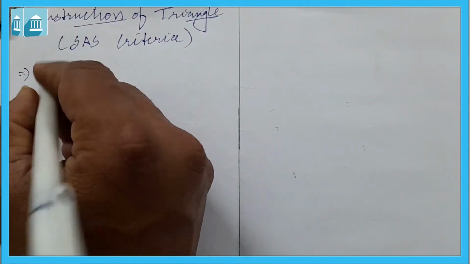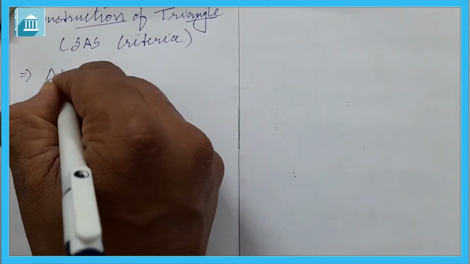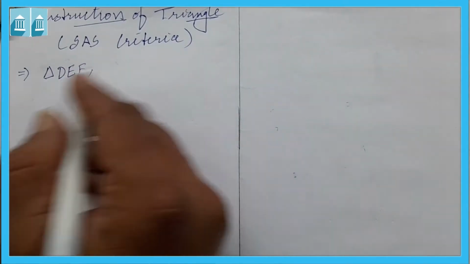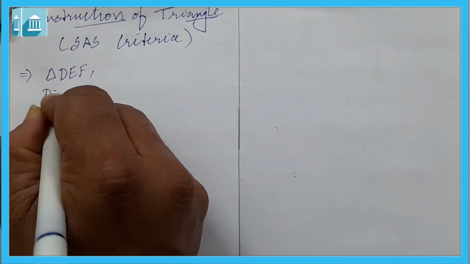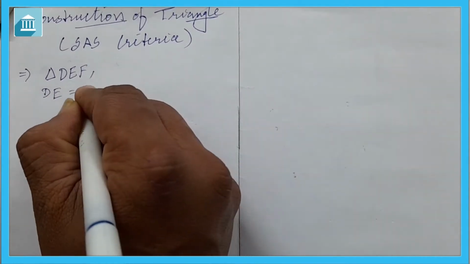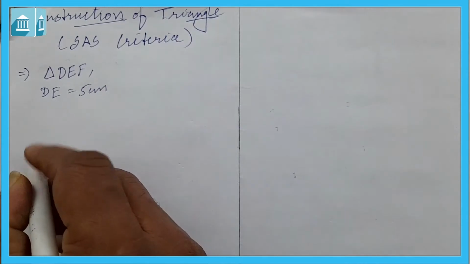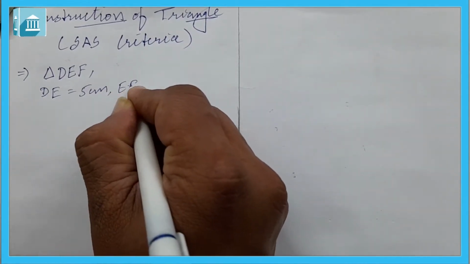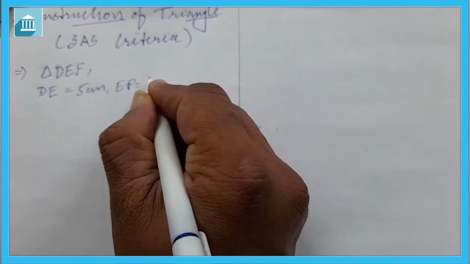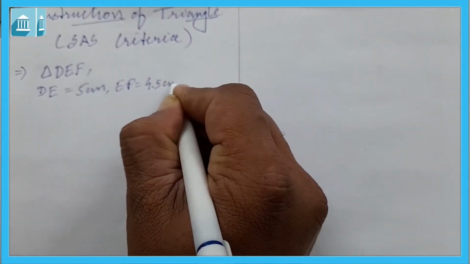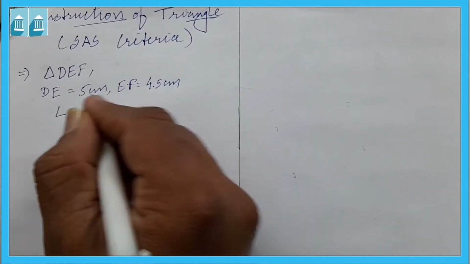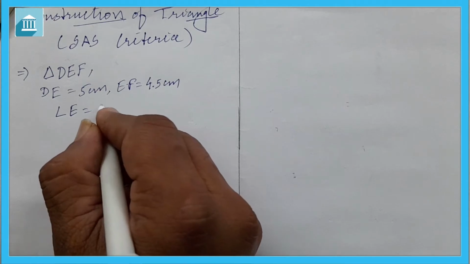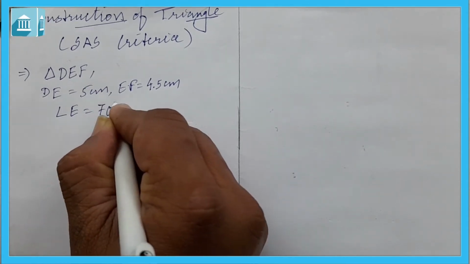For example, construct triangle DEF in such a way that DE is equal to 5 centimeter, EF is equal to 4.5 centimeter, angle E is equal to, let us see, 70 degree.